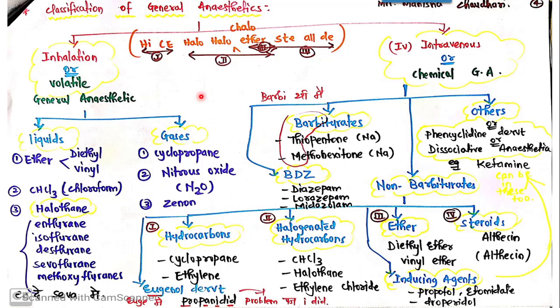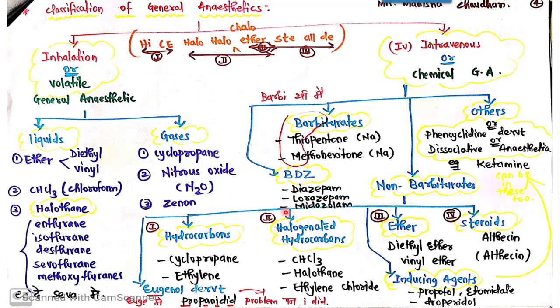Then coming towards the intravenous route or chemical general anesthetics, which is separately asked in the exam as a question: classify the general anesthetics, or give the chemical classification of general anesthetics. Inhalation anesthetics are subdivided into 2 classes. The chemical general anesthetics, that is, intravenous route general anesthetics, are further subdivided into 4 major classes.